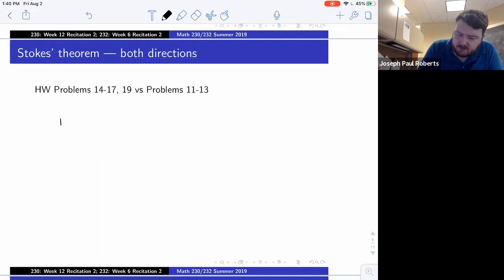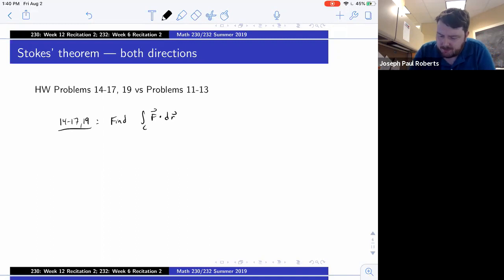14 through 17 and 19, the question goes as follows. It says, find the work of F, and it so happens that C is a closed curve. And so closed curve F dot dr, you should already be thinking Green's theorem from a couple of weeks ago, I guess last week.